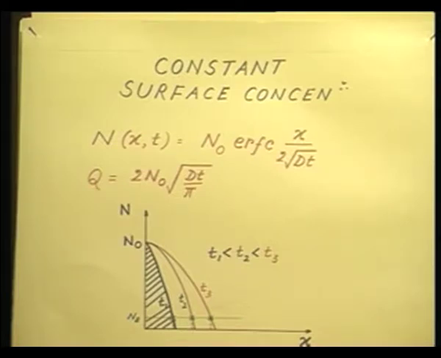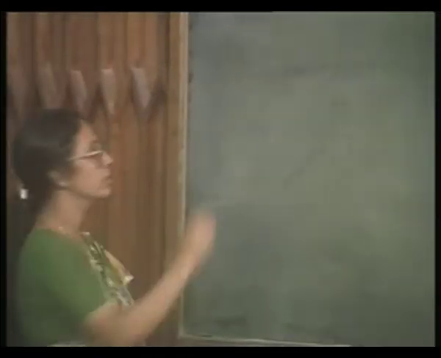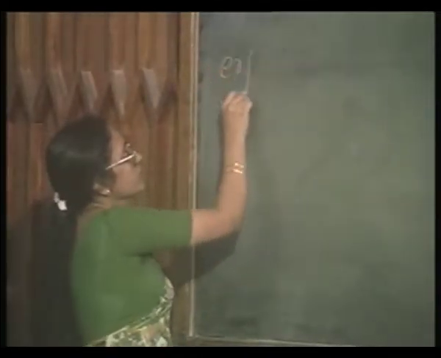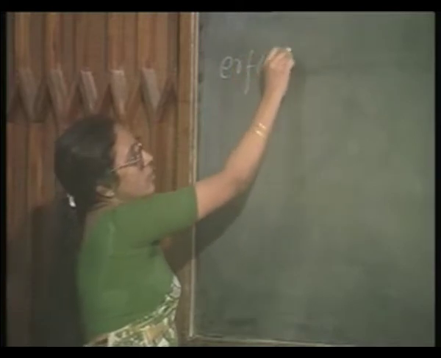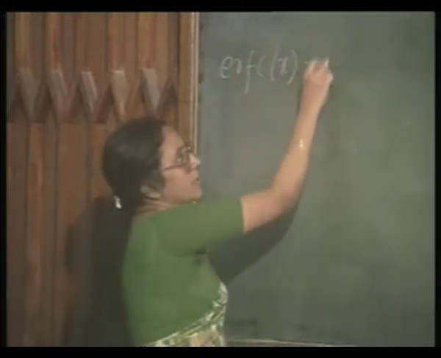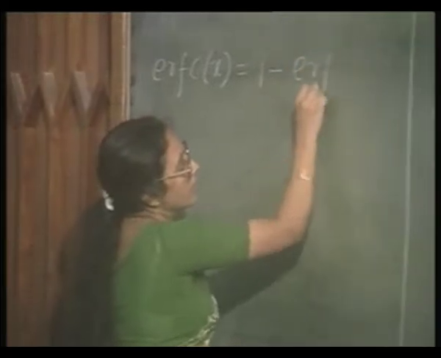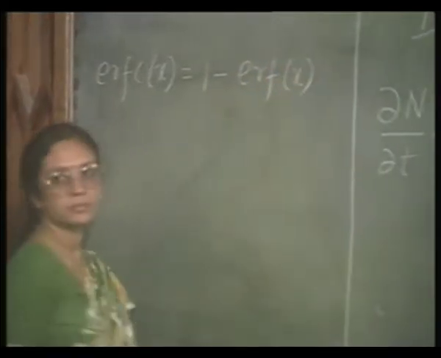What is this complementary error function? Complementary error function is 1 minus error function, that is erfc of x is nothing but 1 minus erf of x.